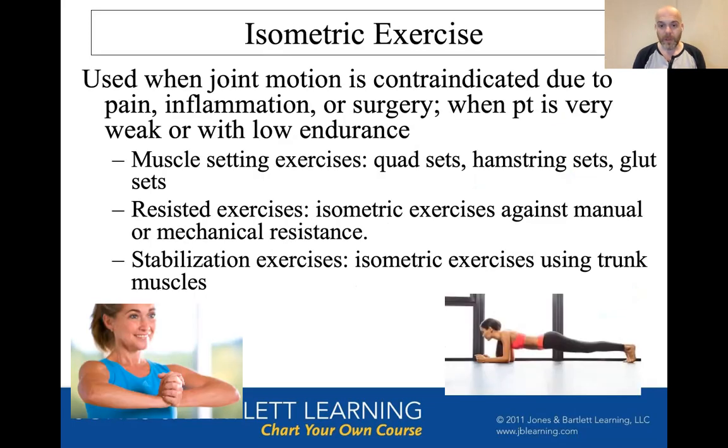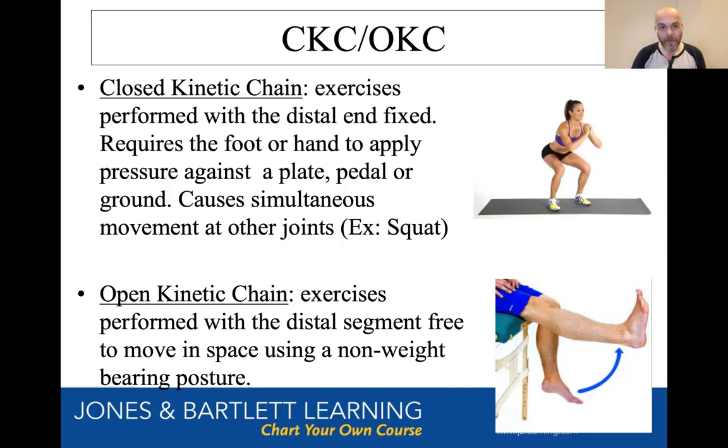Another example of a closed kinetic chain activity would be a standing wall push-up, because now your arms are against the wall. You might be strengthening the arms, and you're standing up, but the wall is your support surface. So that's a closed kinetic chain of the upper extremities.